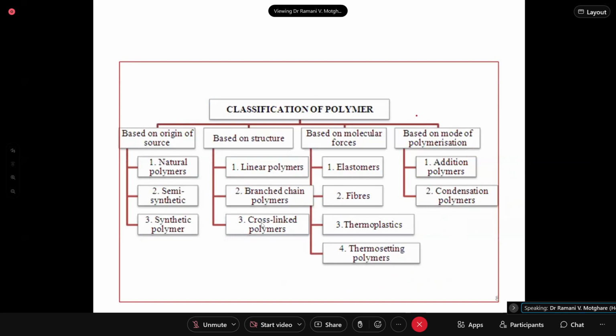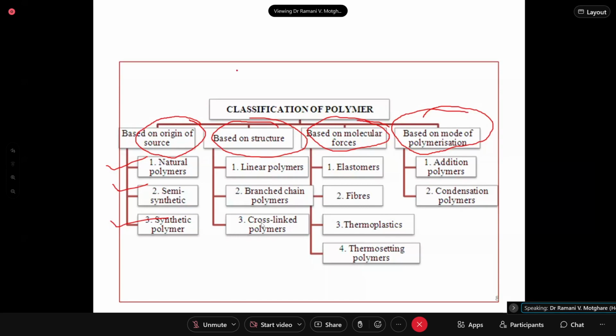Then classification of polymers. Classification is done based on the source, based on structure, based on molecular forces, or based on the way of polymerization. First we will see natural polymer, semi-synthetic polymer, and synthetic polymer. The name indicates what they are.